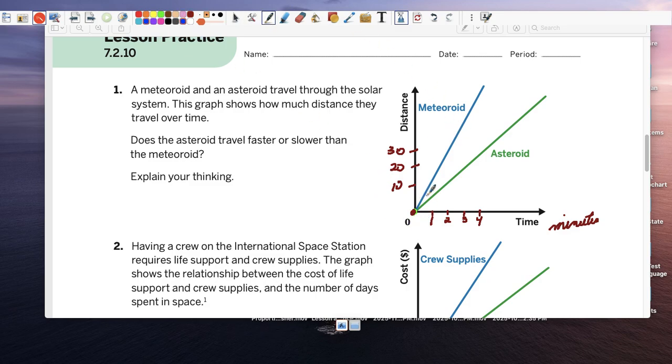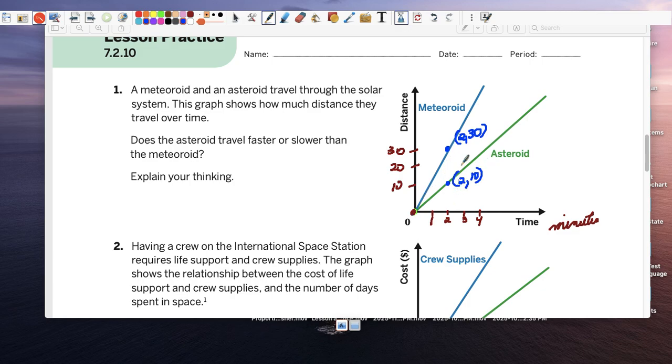So after 1 minute, the asteroid, okay, actually, let's not pick 1 minute, let's pick 2 minutes. At 2 minutes, the asteroid is 10 miles away from the starting line. At 2 minutes, the meteoroid is, if you look here, 30 miles away from the starting line.